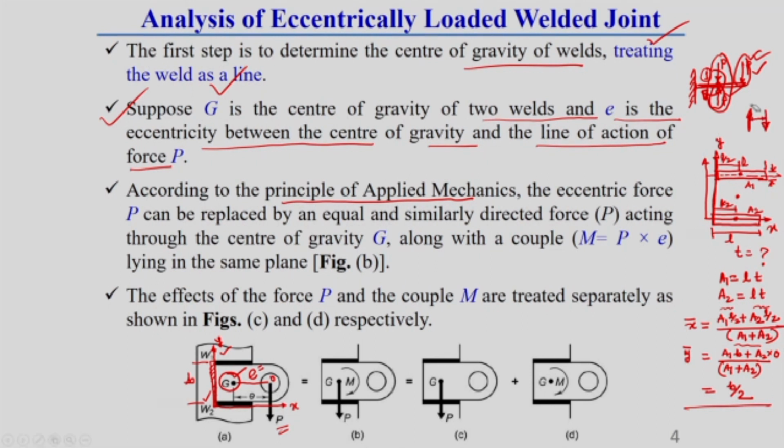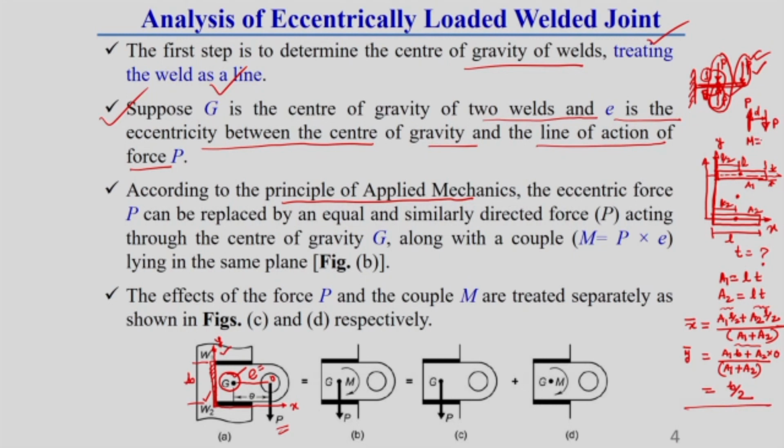If the distance between these two forces is D, let this be P and this also P, then these two equal and opposite forces at distance D create a couple. This couple is represented as M.